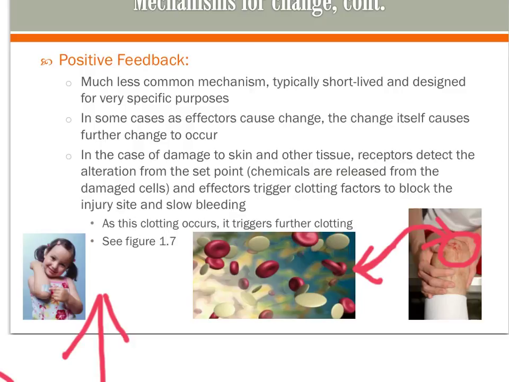And as the clot forms, it causes more cells to come, and more cells and more cells. So the one little clotting factor kicks off this chain reaction of more and more. So it's a positive feedback. You get more change with each new receptor message that's happening. So you can kind of see how that's the opposite effect.